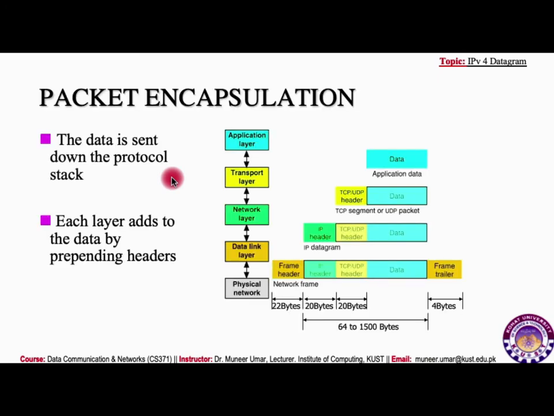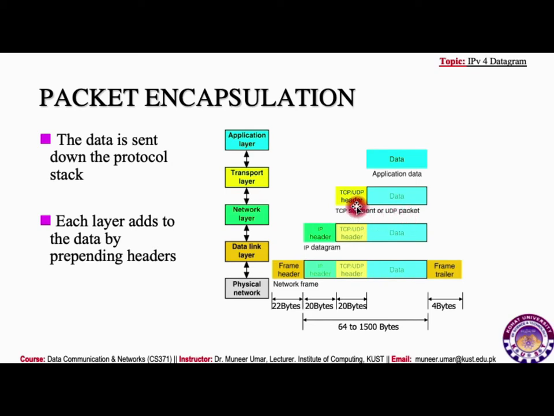Before starting the IP datagram, let's have a look at the packet encapsulation. At the application layer, we will have data. At the transport layer, it would become a TCP segment or UDP packet.